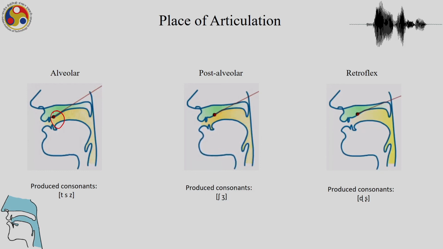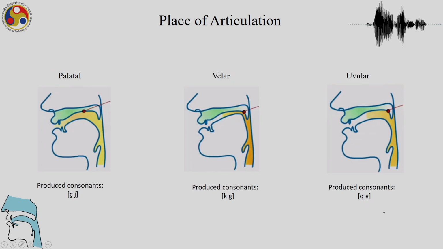You can see the tongue is moving towards the post-alveolar region of the palate. And then we have retroflex consonants. We will discuss these later on, and we'll move on to palatal sounds, where you can see the tongue body moves towards the upper palate.